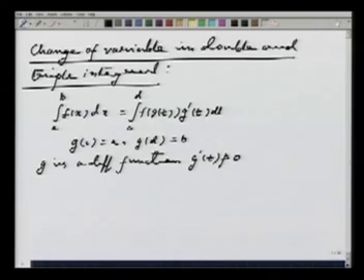This is the classical formula of change of variable in one-dimensional Riemann integration.